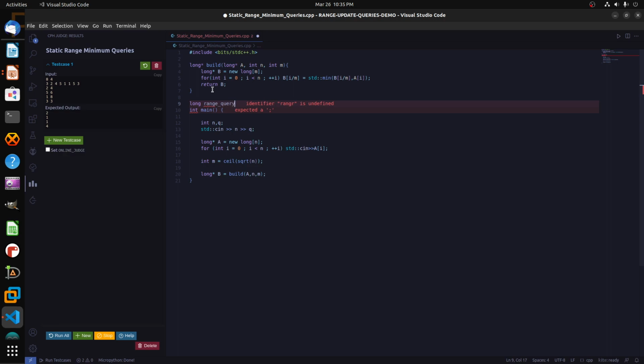It will take as parameters the original array, the array blocks, the size of the array blocks, and the left boundary and the right boundary. Let's initialize the answer to plus infinity.